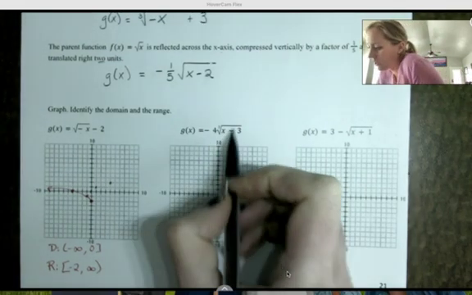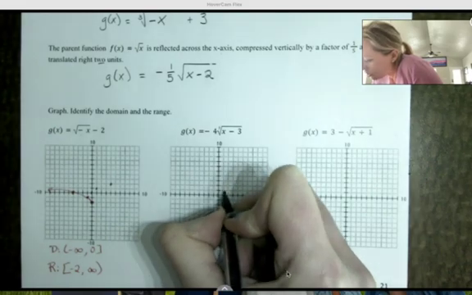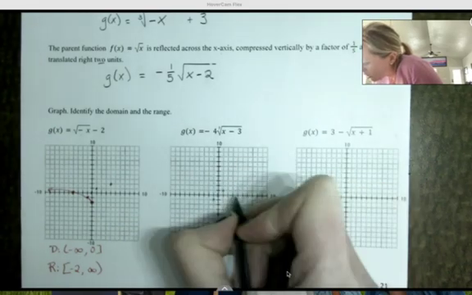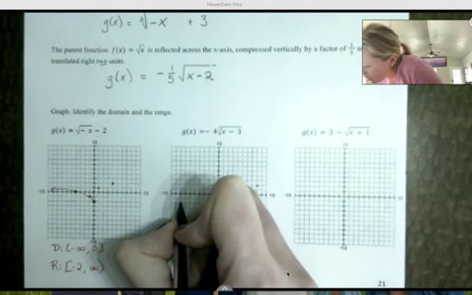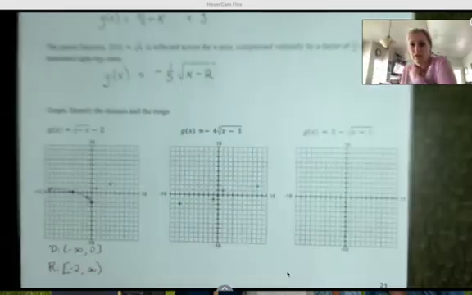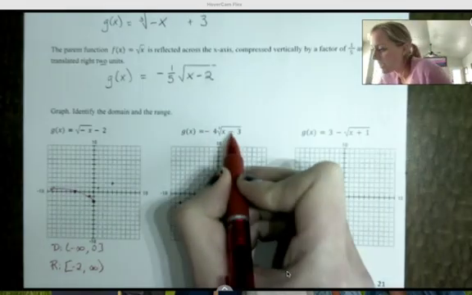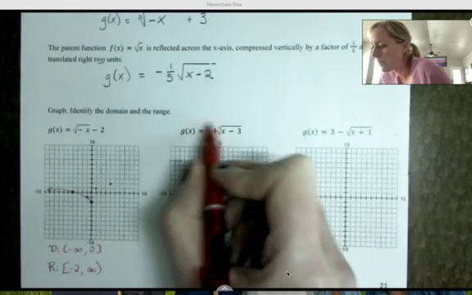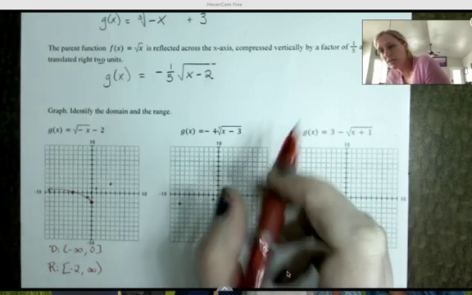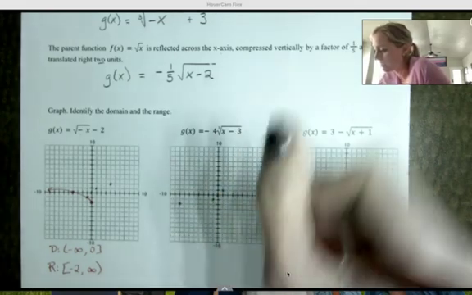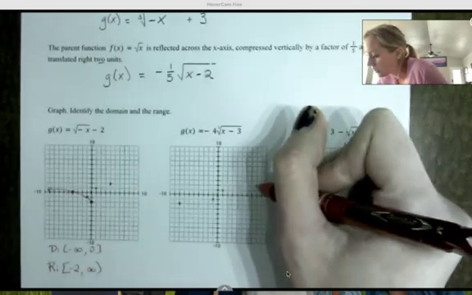Here cube root is my parent function, so I'm going to put my cube root values out here. This one is going to move right 3 and multiply the y's by -4, so that includes reflecting over the x-axis. I'm going to start with 0, 0.